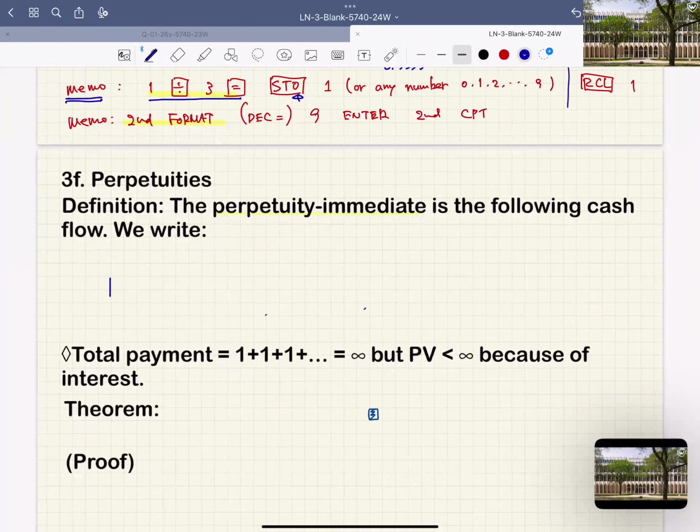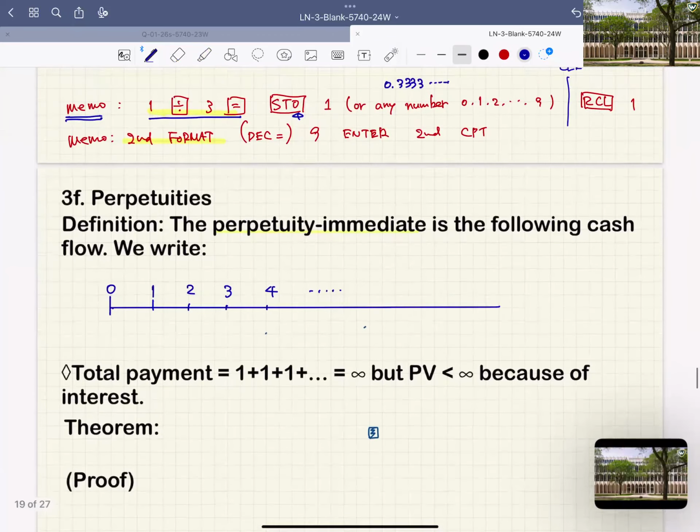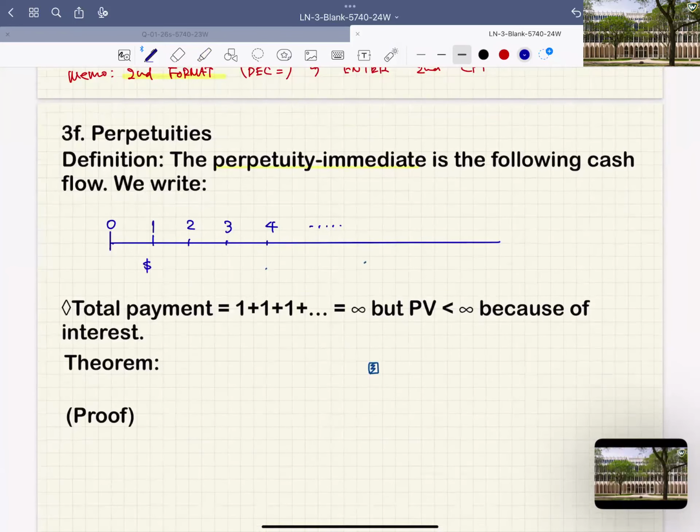So we have t is equal to 0 and t is equal to 1, 2, 3, 4. And we have $1 payments each year forever. Then that present value is denoted as a angle infinity.